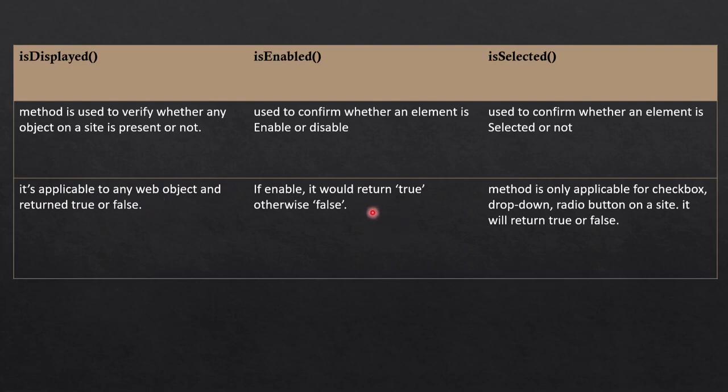The isSelected method is only applicable for checkboxes, drop down menus and radio buttons on the site, and it will return true or false. So if the radio button is selected, it will show true, and if it is not selected, it will show false. So this is the basic difference between the isDisplayed, isEnabled and the isSelected method.